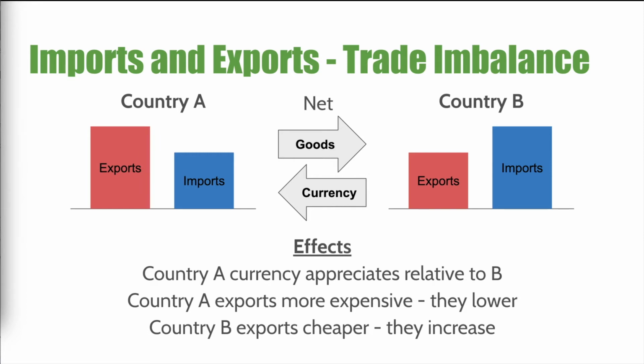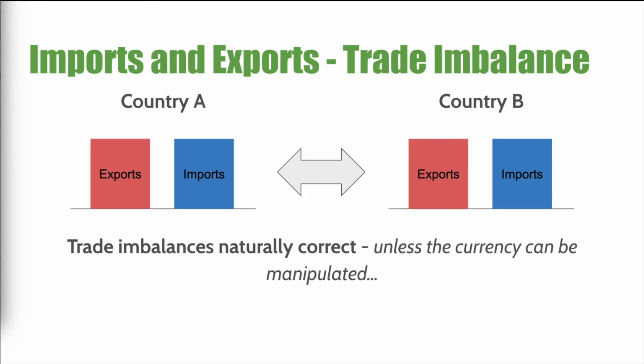Country B then also has exports that are cheaper, so their exports increase. So this leads to a natural balance.